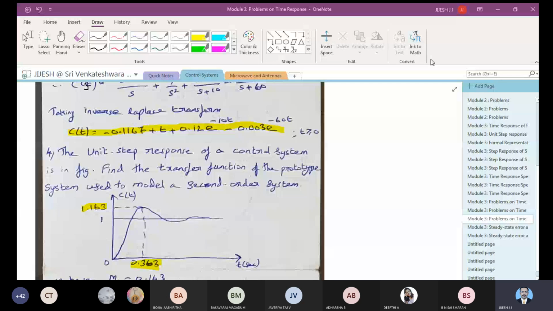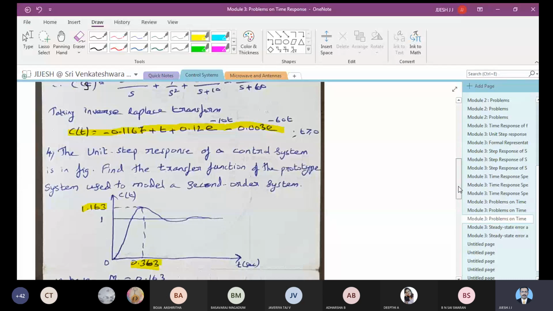So what all things do we have here? Anyone can say what will be Mp? 0.163, sir. Yes, 0.163, because you can see that here it is given 1.163.